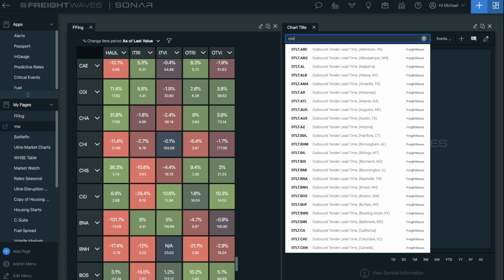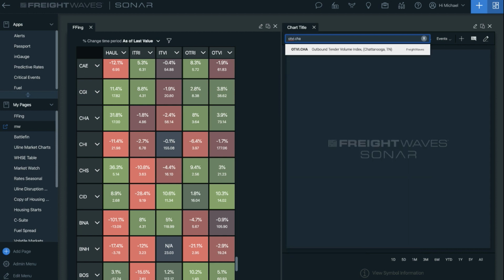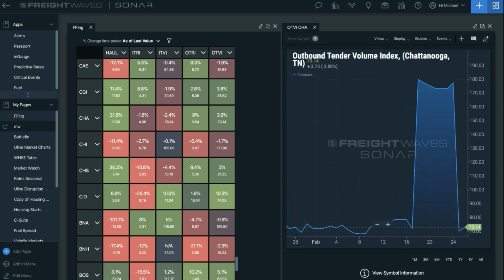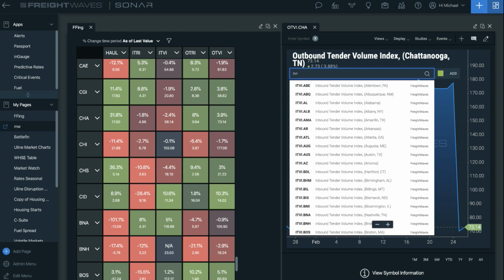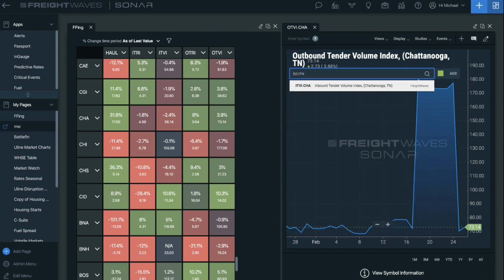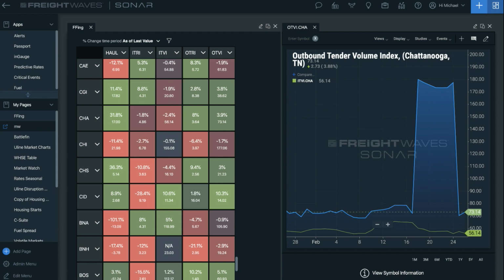So OTVI.CHA spiked. You see this huge spike that happened right here. And if I look at the inbound tender, you can see that it stayed down and actually started dropping, causing that huge spike.